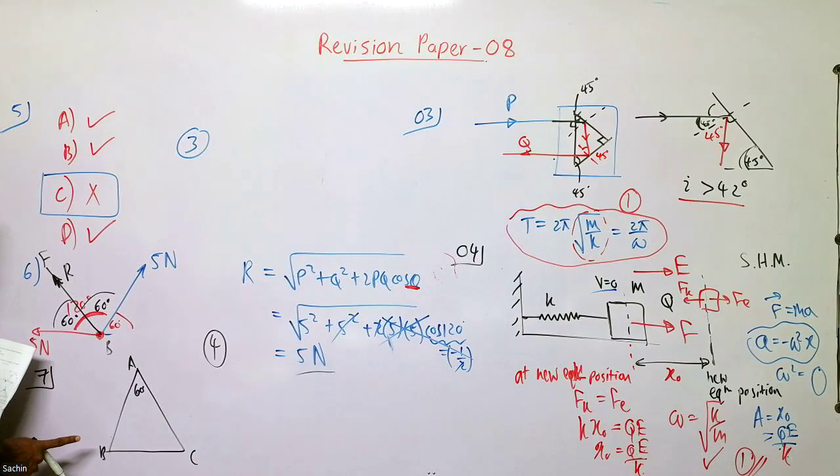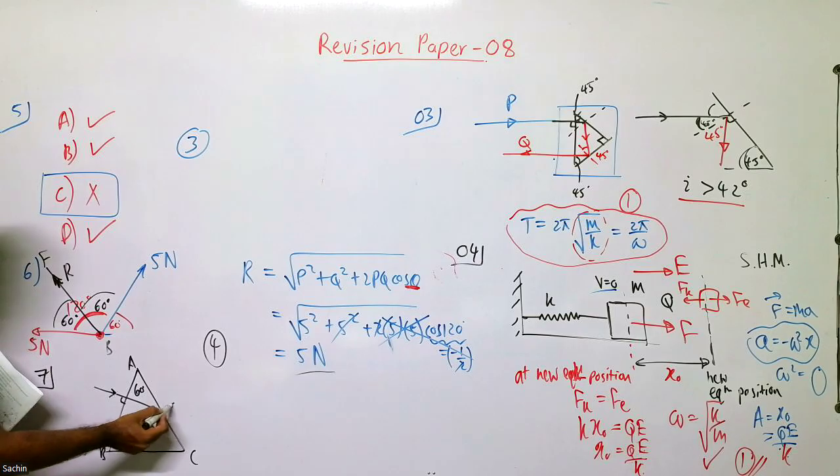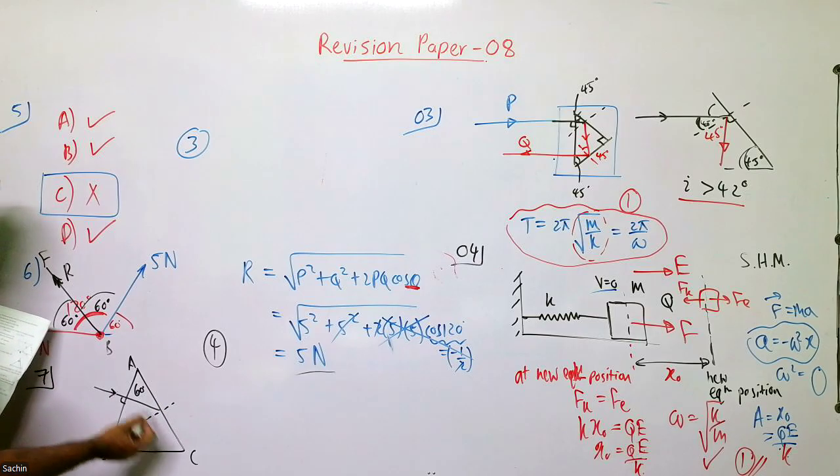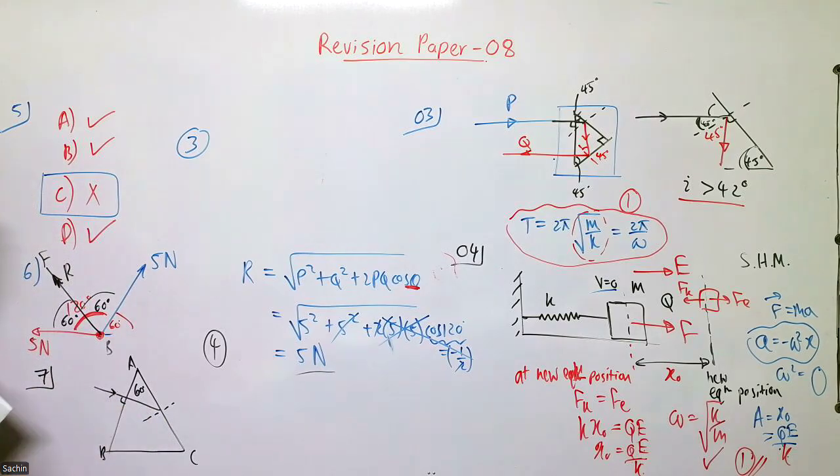So the light ray which falls normally on the AB side falls on the AC surface and emerges along AC.